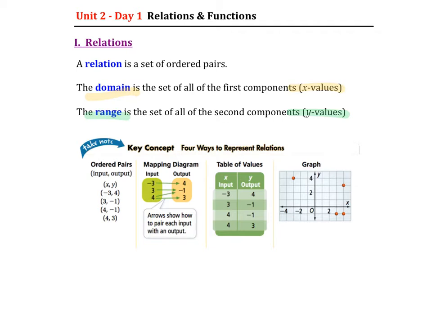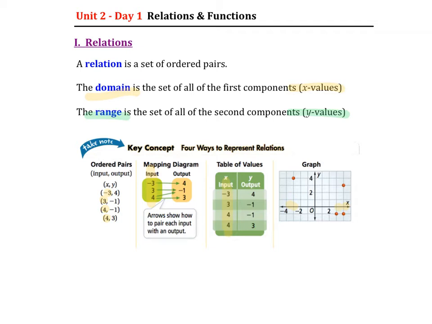So here I have some examples. We're talking about ordered pairs. My domain would be all of the x values. So -3, 3, 4. If I were to plot a little dot on the x-axis, where all those points are, they would still be -3, 3, and 4.